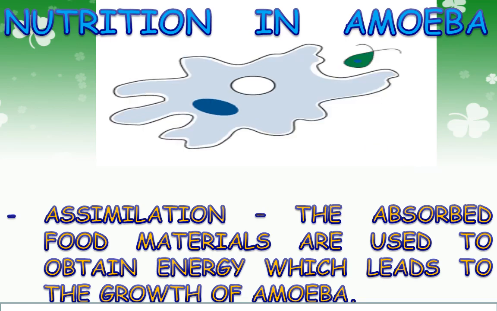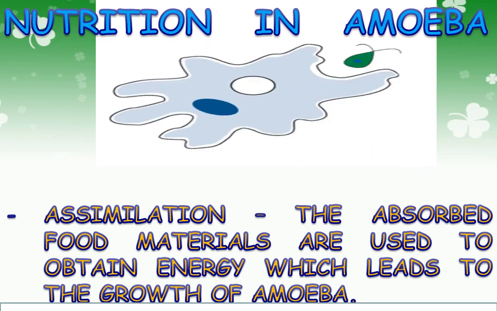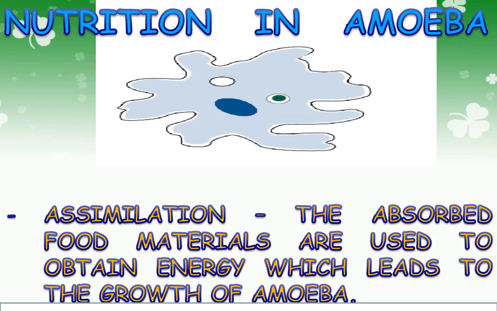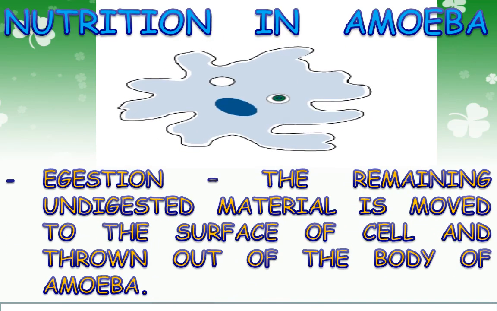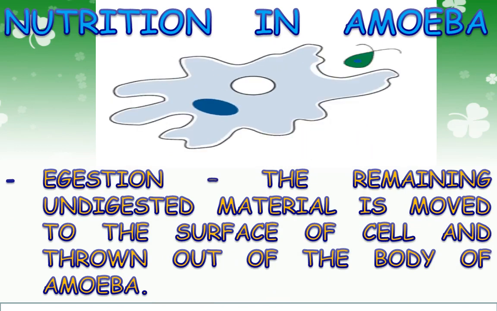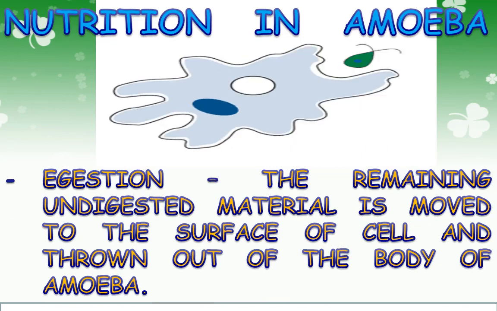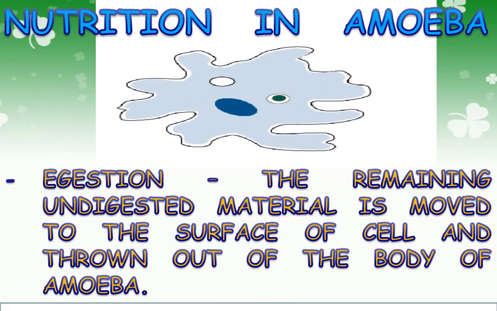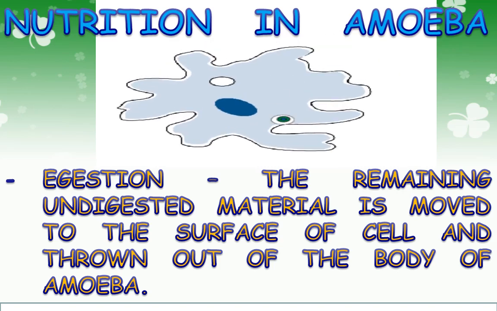The absorbed food materials are used to obtain energy which leads to the growth of amoeba. Egestion. The remaining undigested material is moved to the surface of the cell and thrown out of the body of amoeba.